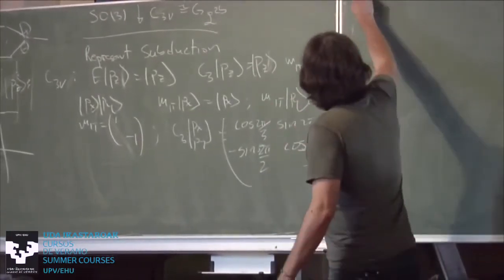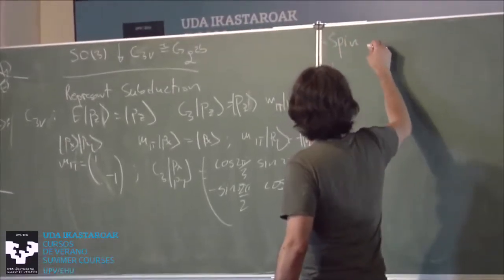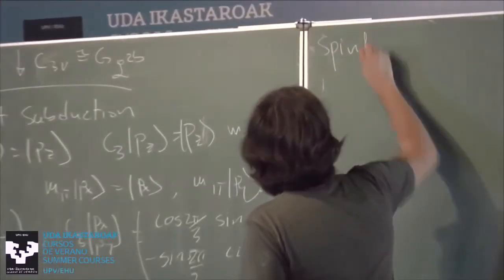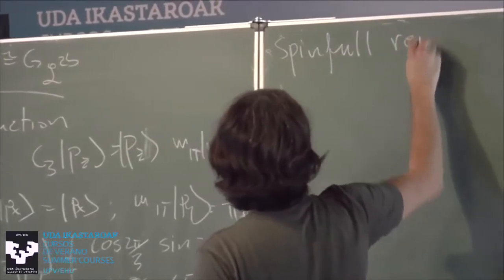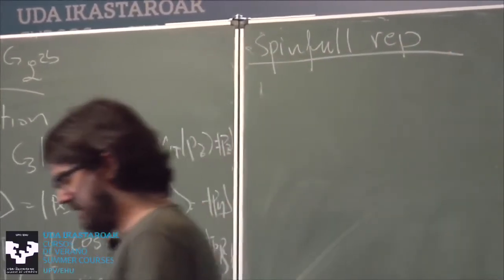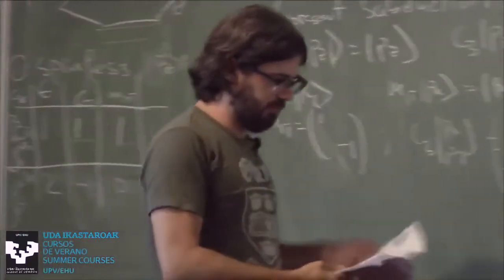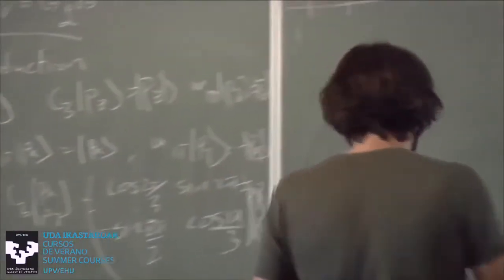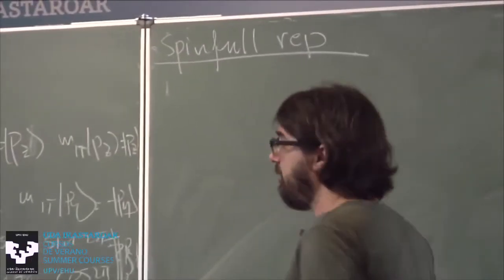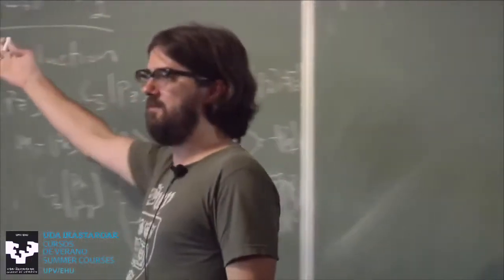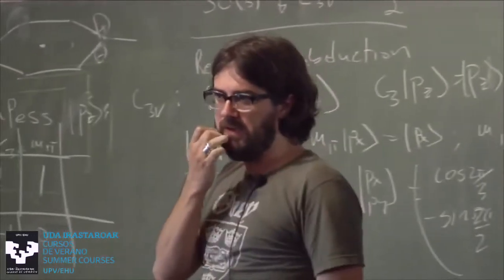So spinless. The things that we will use are spinful representations. So let's classify them. And these are a bit trickier, but we're just going to go through them very fast because I don't have time. The point is, you can do the same story, just not from SO3, but from SU2.